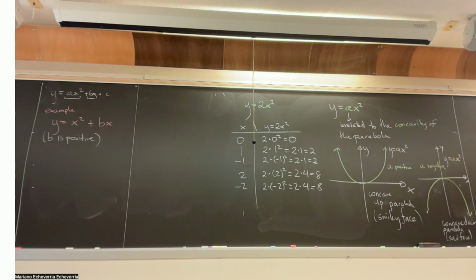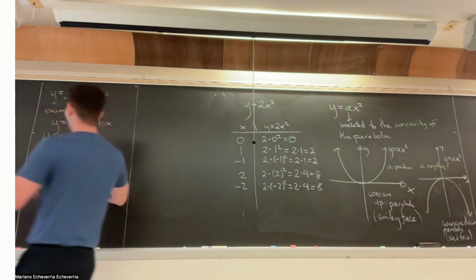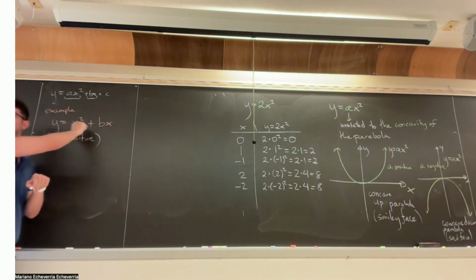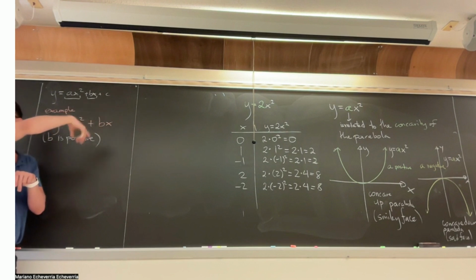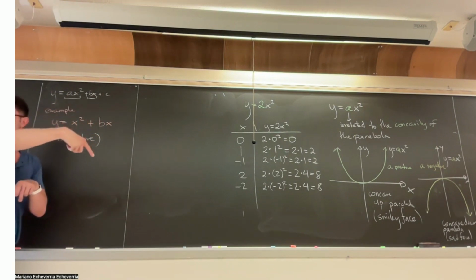To do that, that is precisely why I was very annoying yesterday about completing the squares. It is very easy to understand how this looks if you remember the completing the squares formula. It's almost immediate. This x squared plus bx is exactly the same thing that I was writing over and over yesterday.